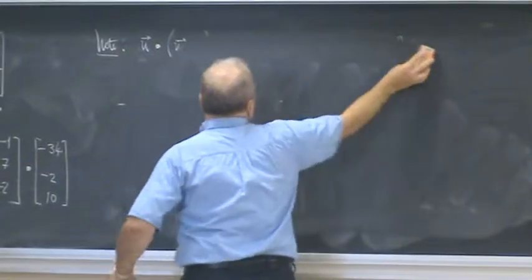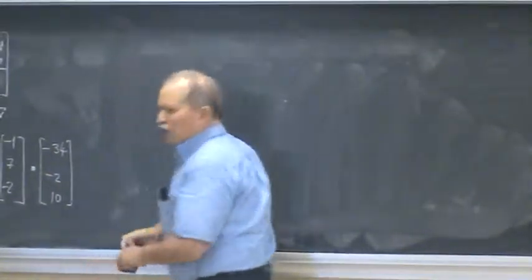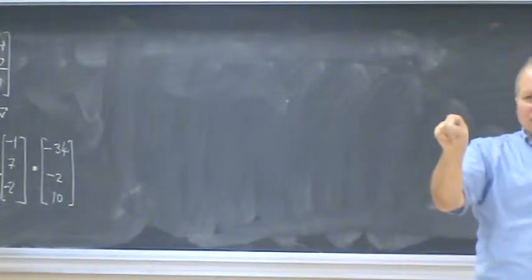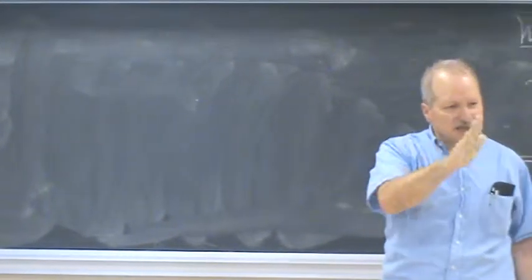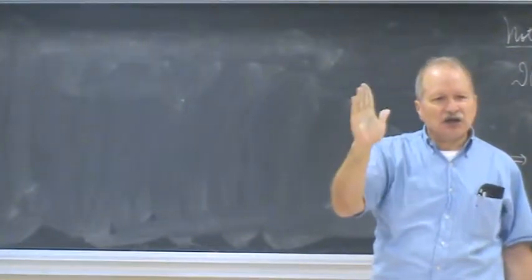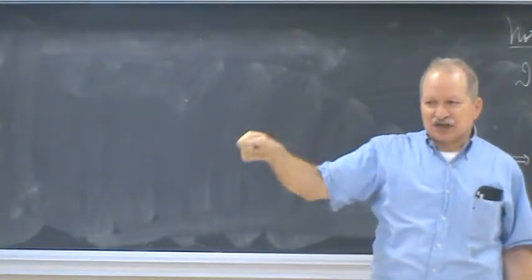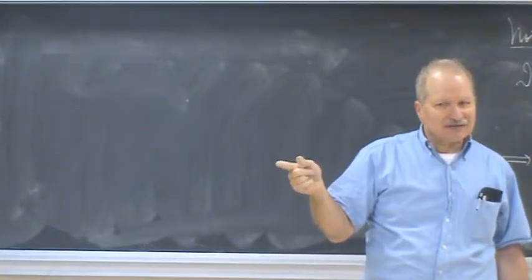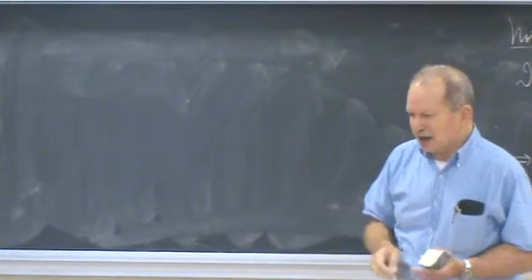Remember one of your favorite homework problems where I asked you to show that an equation of a plane, the set of points satisfying an equation a dot x equals 0, was the same as being spanned by two vectors? That was in the homework you just turned in the other day.